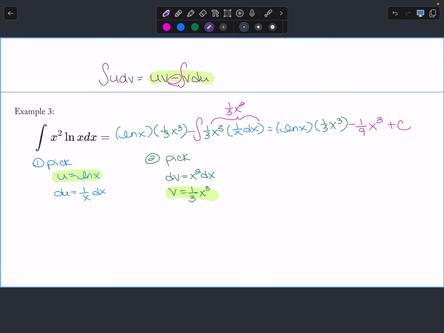And I probably would want to rearrange this and give me a 1/3 x cubed first and then ln of x, and then my 1/9 x cubed and plus c. So just rearrange that polynomial a little bit. And then that's it.